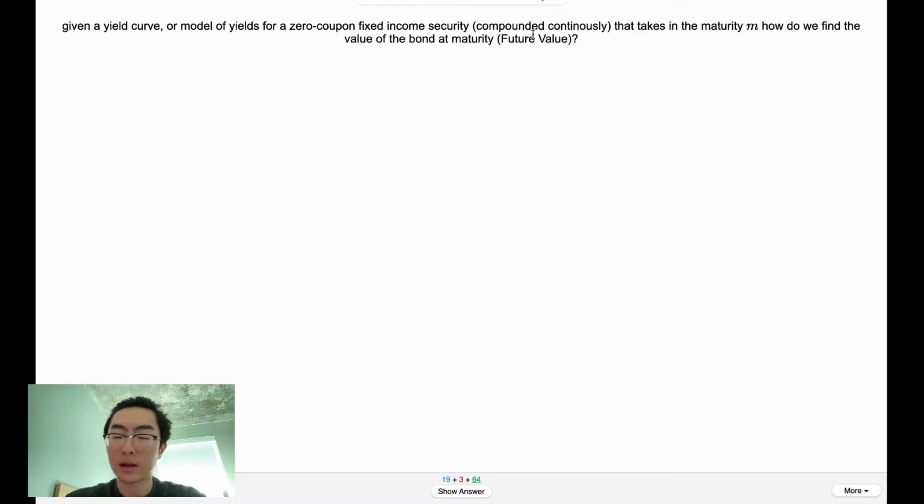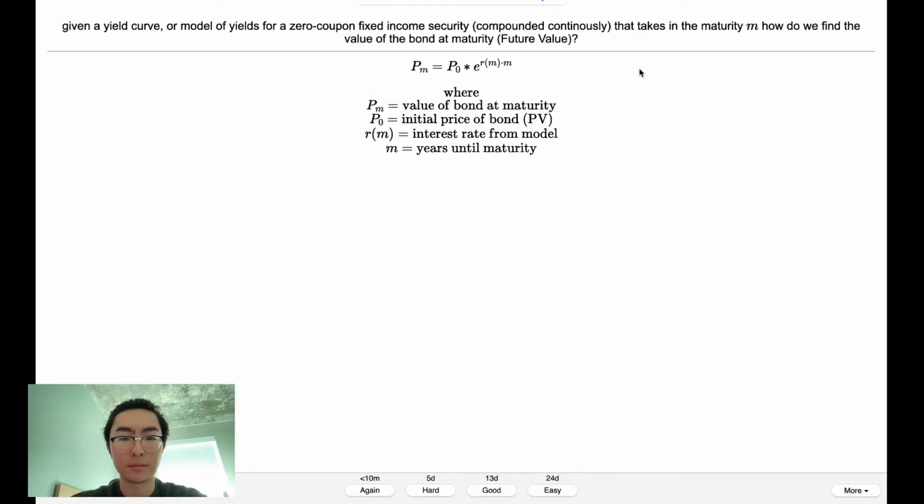I guess we'll call it the gross continuously compounding interest. So that would be e raised to the R, and then we input into our yield curve or term structure the time t0 and also the maturity M, and then we multiply that by M.